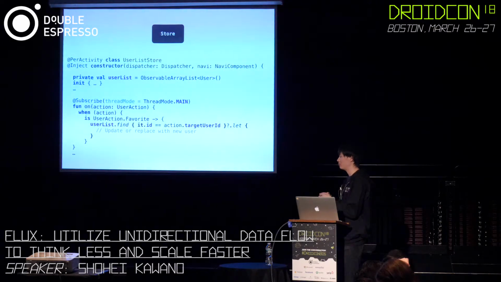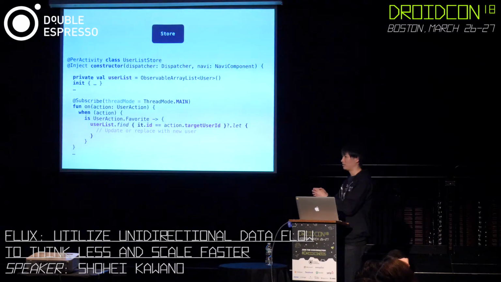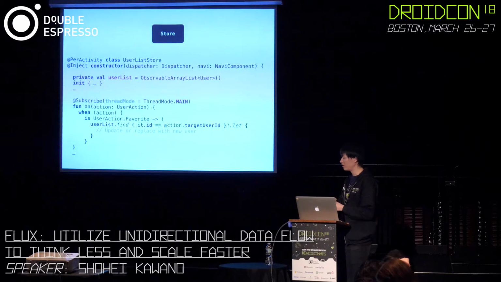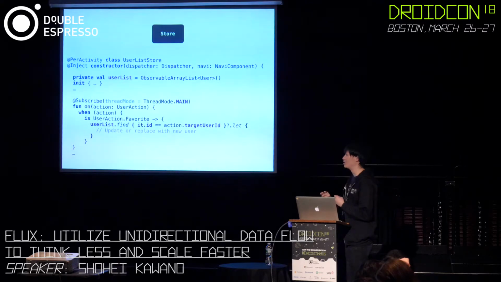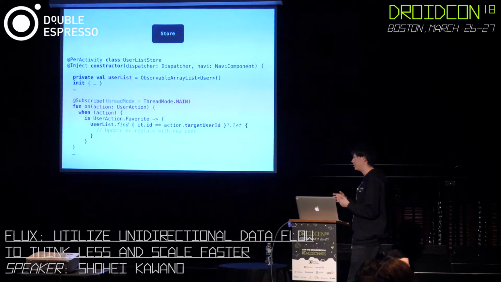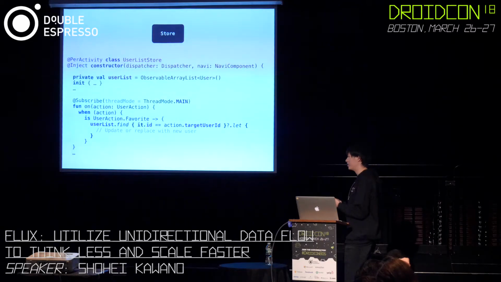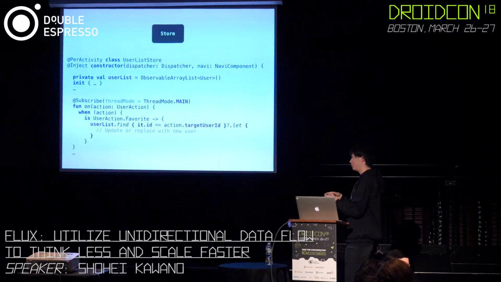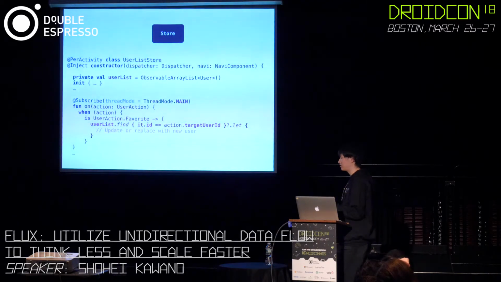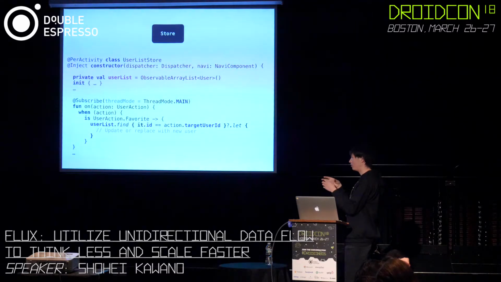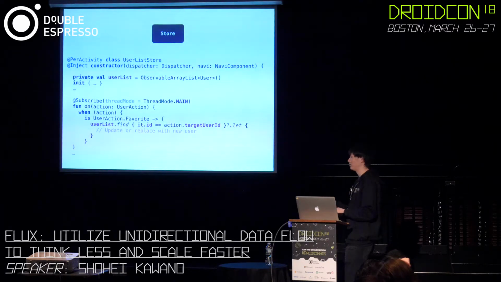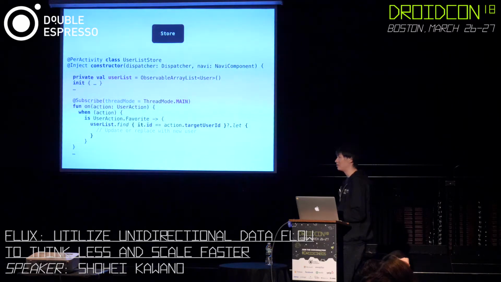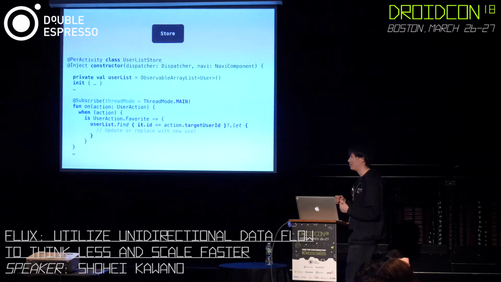I personally think that Redux is not good for Android because you need to manage all the states in only one store, and you need to put every data and state inside the memory, which may be heavy. So in my understanding, that's the only difference.